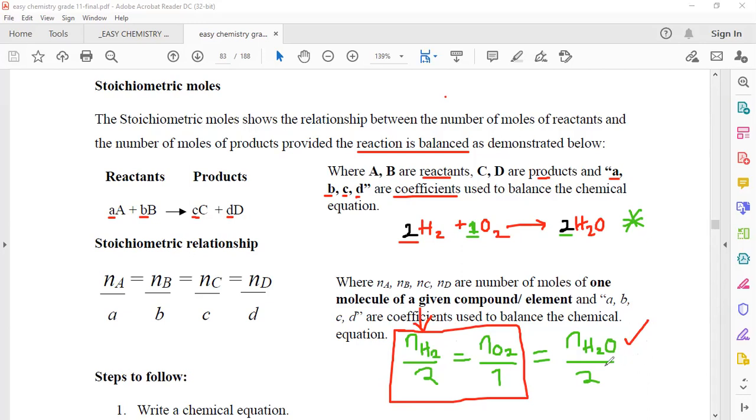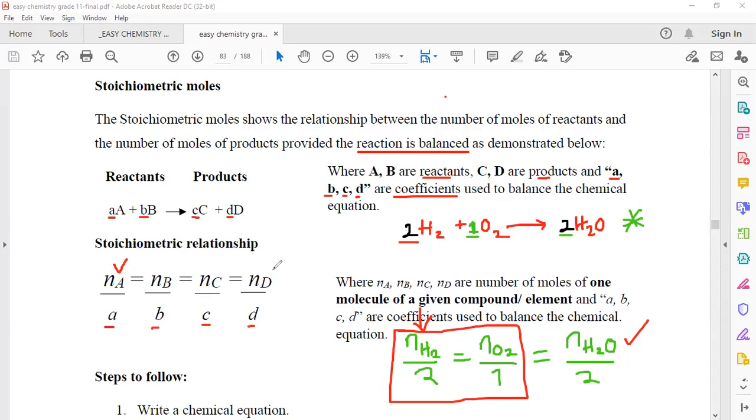So the number of moles of A divided by its coefficient is equal to the number of moles of B divided by its coefficient, is equal to the number of moles of C divided by its coefficient, is equal to the number of moles of D divided by its coefficient. If I am given A, I can link A to B to C to D and find what is unknown. This is what we call the stoichiometric relationship.